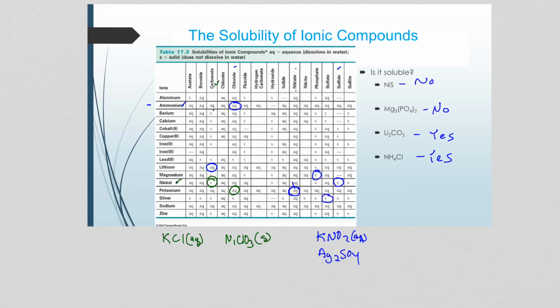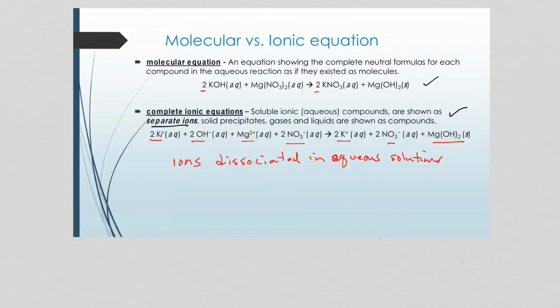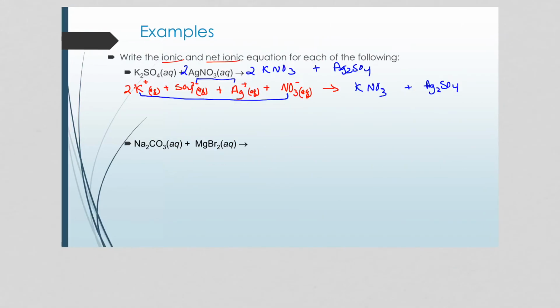And so silver sulfate forms a precipitate. Okay, so now we can go back here. And we know this is going to be aqueous. And this is going to be a solid. So now we have our completed molecular equation here.